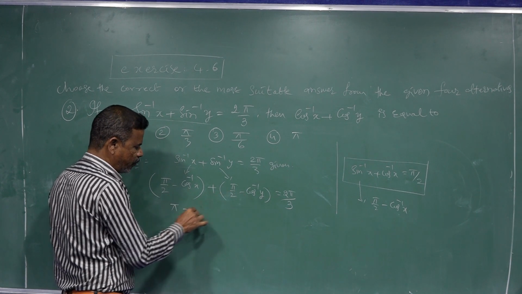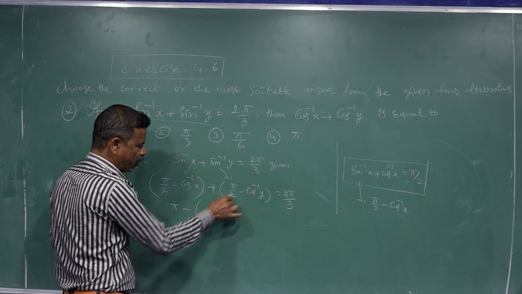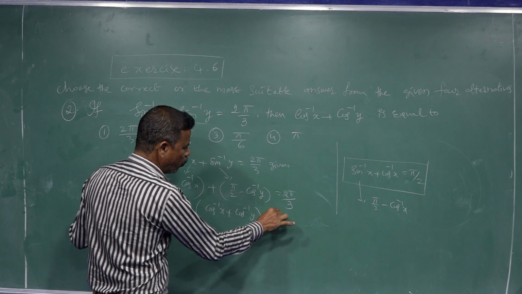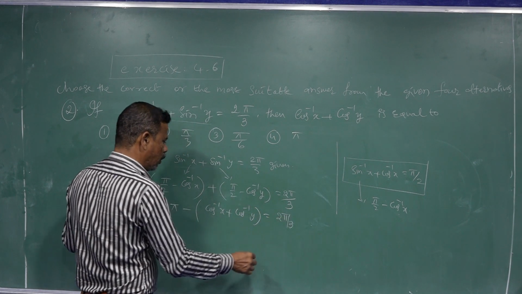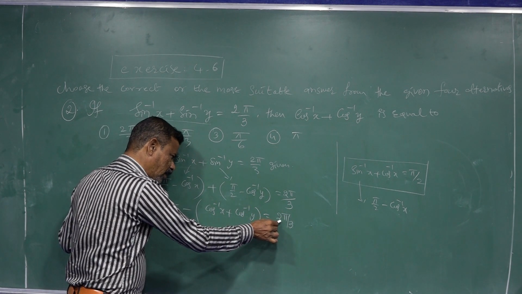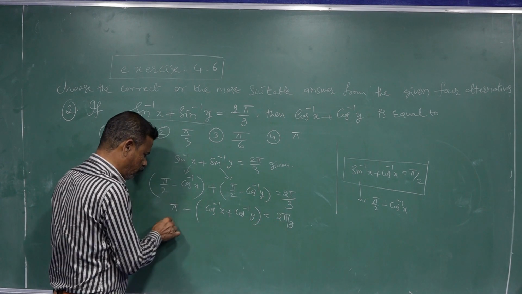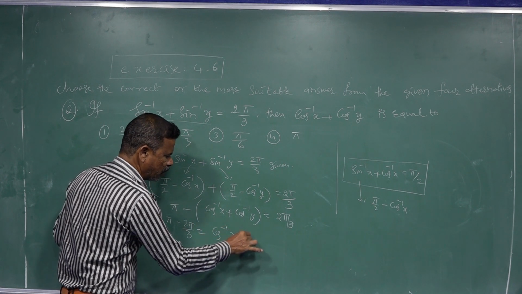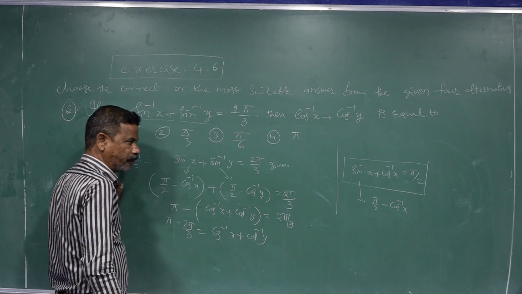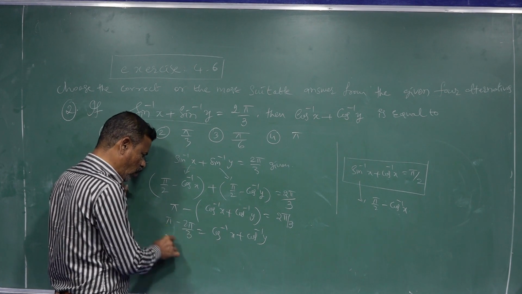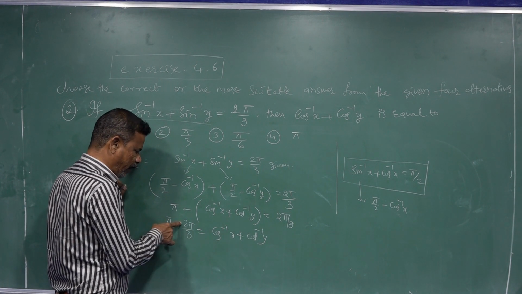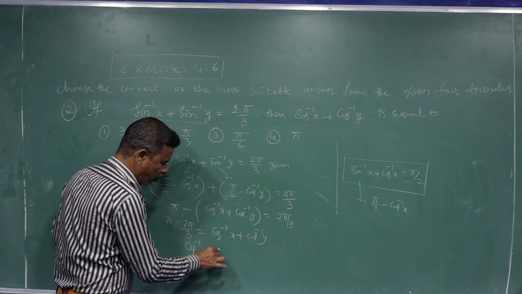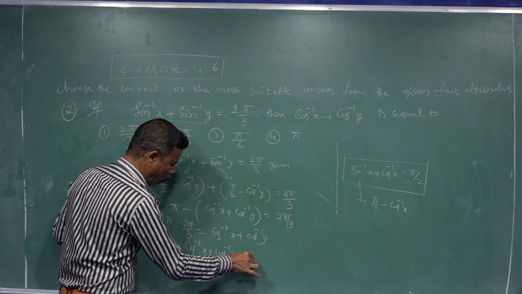Here minus, minus taken common outside, cos inverse x plus cos inverse y is equal to 2 5 by 3. Now we take the 2 5 by 3 to the left side: 5 minus 2 5 by 3 is equal to cos inverse of x plus cos inverse of y. Okay, after this value, how much? 3 LCM, 3 5 minus 2 5, 1 5 by 3. So finally cos inverse x plus cos inverse y is equal to 5 by 3.